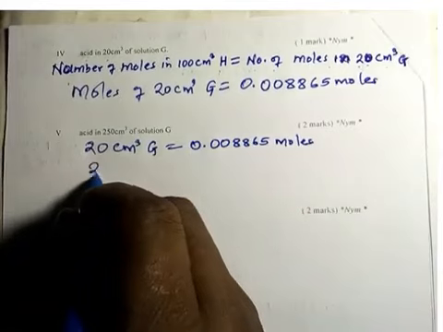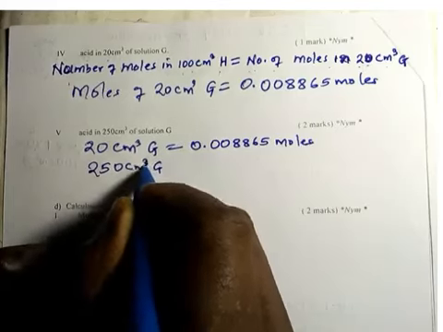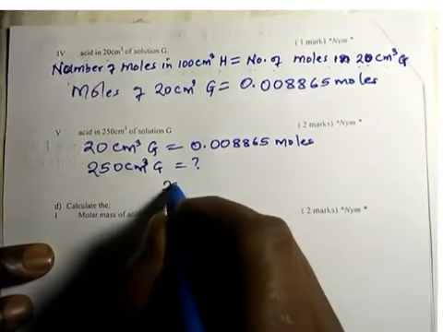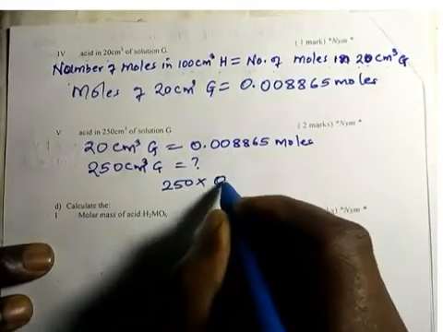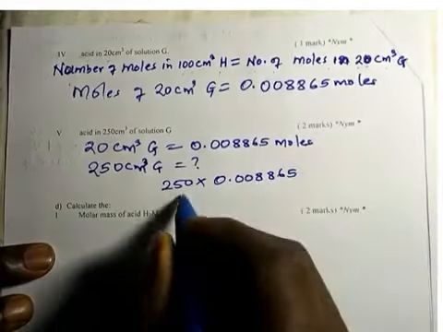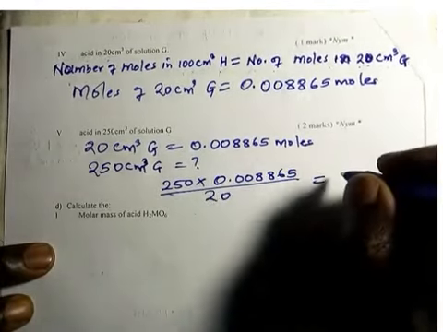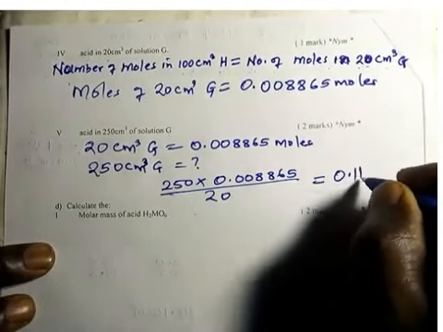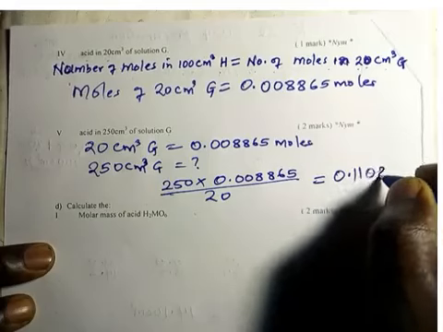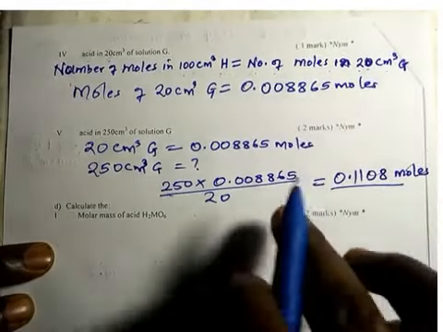So 250 centimeters cube G will contain 250 times 0.008865, divided by 25. And this one gives us 0.1108 moles. So this is the number of moles in 250 G.